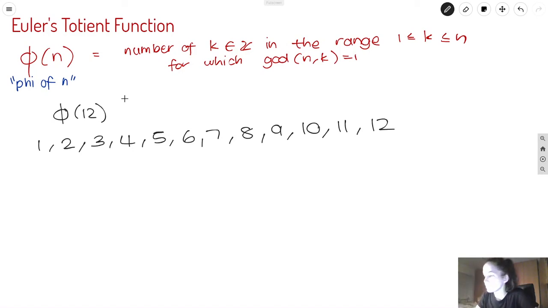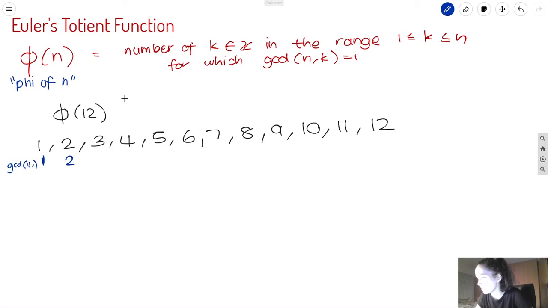So let's look at the GCD with 12. The GCD of 1 and 12 is going to be 1. The GCD of 2 and 12 is going to be 2. No other bigger divisor will divide both of them.